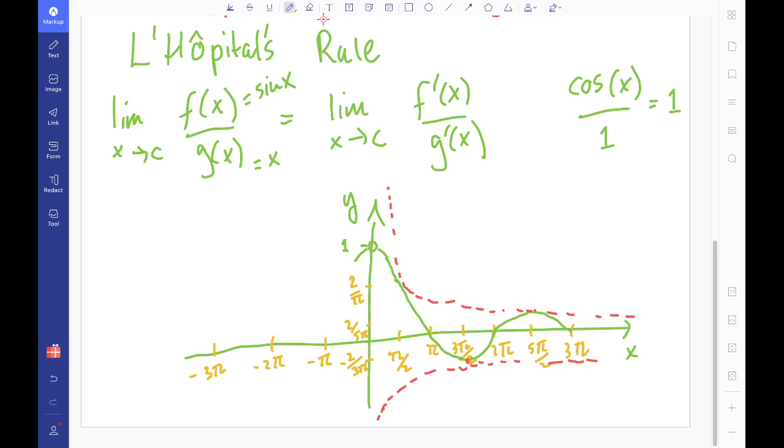If I continue this curve in green, we know roughly what it's going to look like on the other side because it's just a reflection. It's going to have this symmetry, and each of these peaks and troughs is going to decrease in height each time.